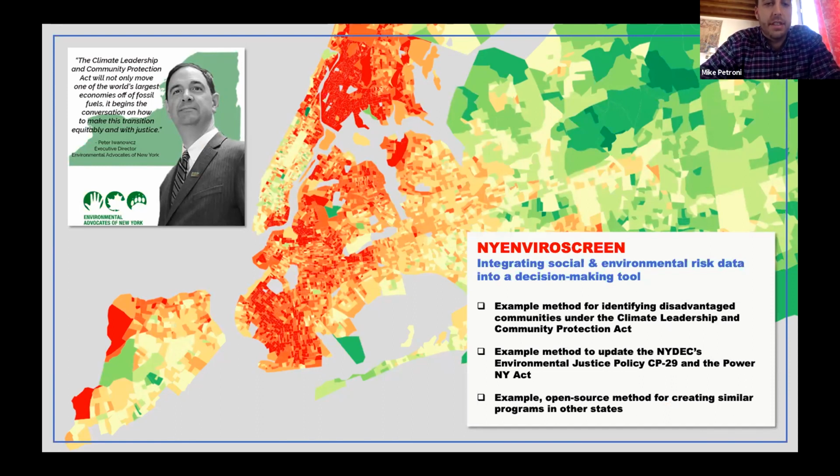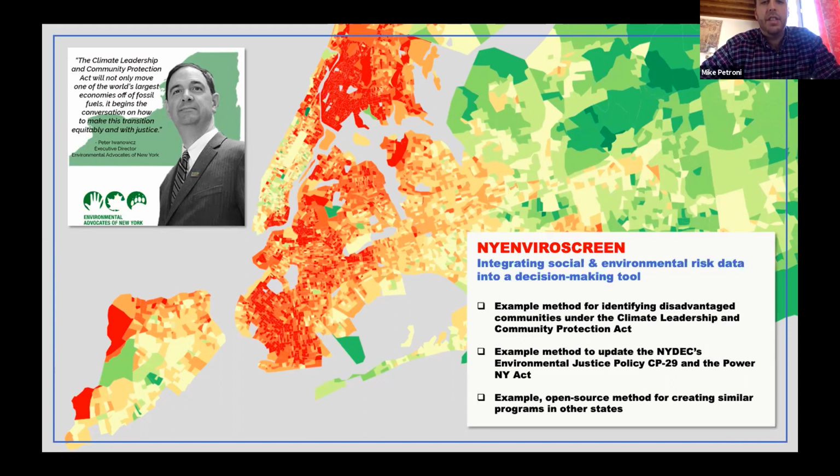This landmark law is mandating that New York get to 80% renewable energy by a certain date, and 100% soon after. And it does so by generating renewable energy credits, which generates revenue for the state. And they've earmarked some of that revenue to go to disadvantaged communities throughout the state.